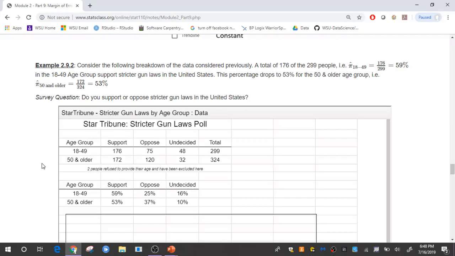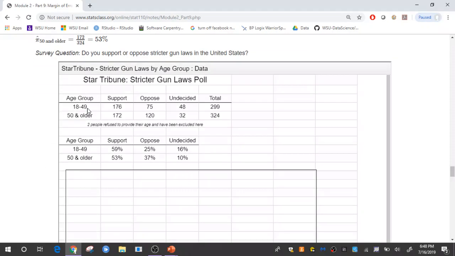So one of the age groups is the 18 to 49-year-olds, so kind of younger people. And here's the breakdown of their numbers here. 176 support, 75 oppose, and 48 were undecided. If we look at the 50 and older age group, the breakdown is 172, 120, and 32.